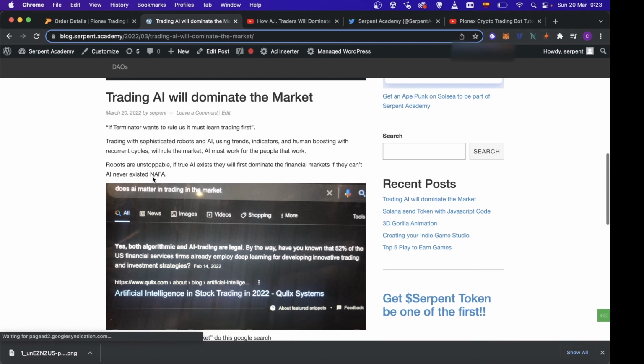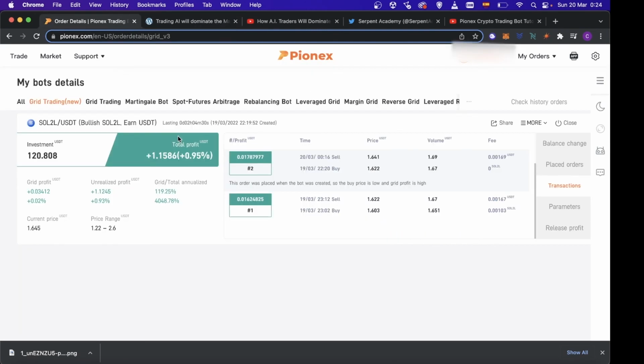And this very intelligent person says, if Terminators want to rule us, first they must learn to trade. So I think trading using indicators and data, and finding the connection of the data with decision making, can trigger and tell you when to, for example, power off or power on a robot in grid trading.